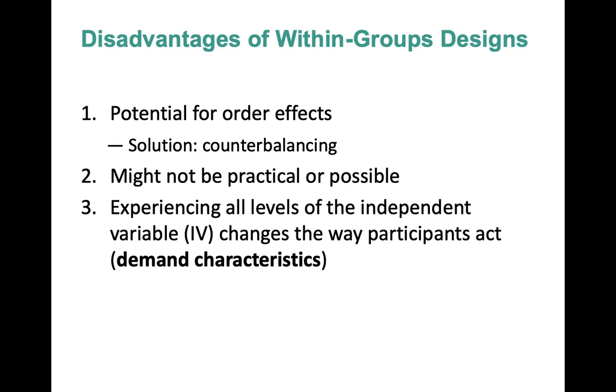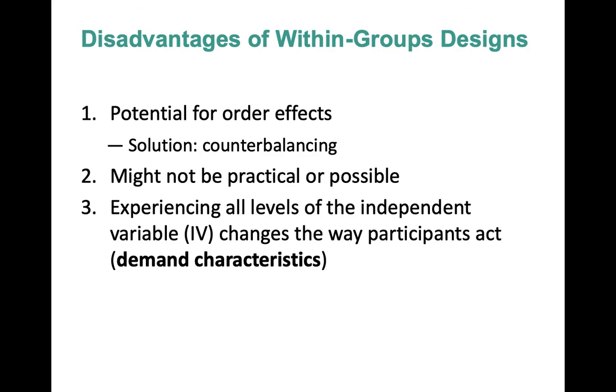And then the third one is that experiencing all levels of the independent variable changes the way that participants act. And this is called demand characteristics, when participants pick up on cues that lead them to guess the experiment's hypothesis. So in the eating chocolate with somebody or not with somebody, if you're a participant in that experiment, you're thinking to yourself, isn't this interesting that I'm asked to taste this chocolate twice, when I'm with somebody and when I'm not.